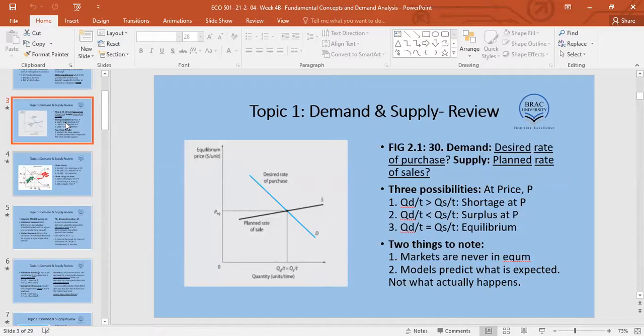So if the price of a commodity is such and such, how much does the household plan or desire to purchase in a particular time period? The demand analysis or the supply analysis is what firms and households plan to do. It does not tell us what they actually do.